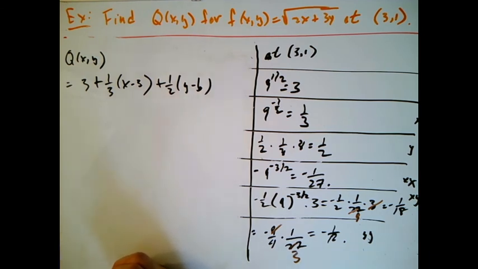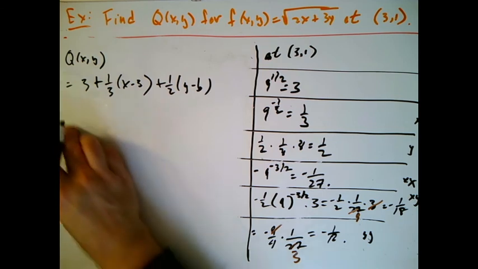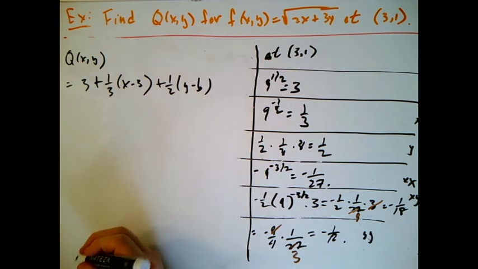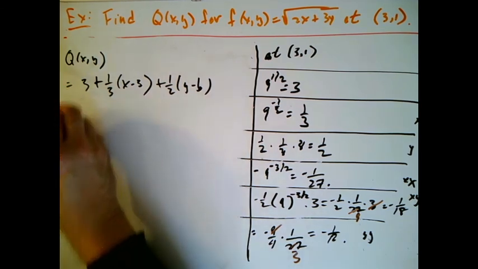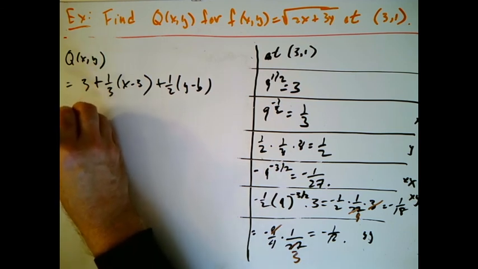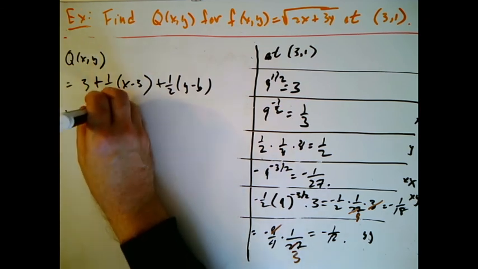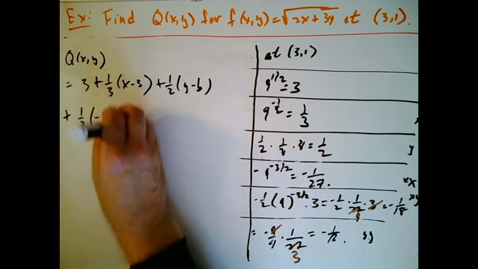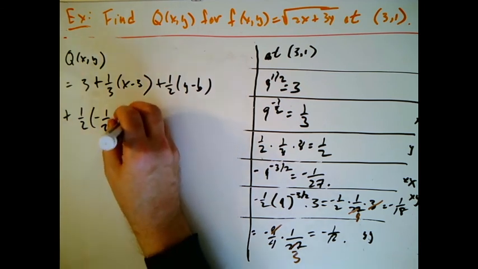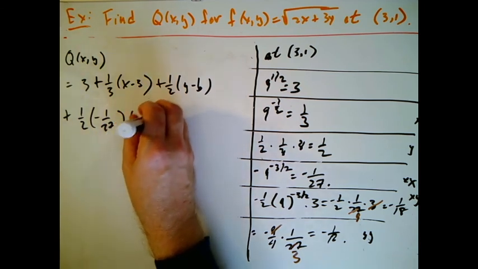So just like in Calc 2, the quadratic approximation starts out just like the linear approximation, but now there's more. What we're supposed to have is 1/2, just like it had in Calc 2. I want fxx, so that's going to be minus 1/27th, and then x minus a, quantity squared.